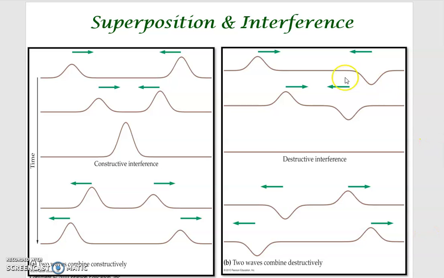And here, the example for destructive interference is out of phase, which means that the position of the crest of the first wave will overlap with the trough of the second wave. So when they overlap, actually the amplitude is a subtraction. But you will find out that after the interaction, the waves will still propagate with their original amplitude.